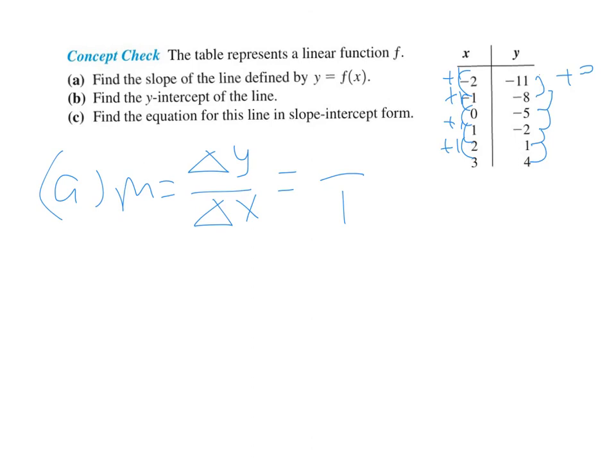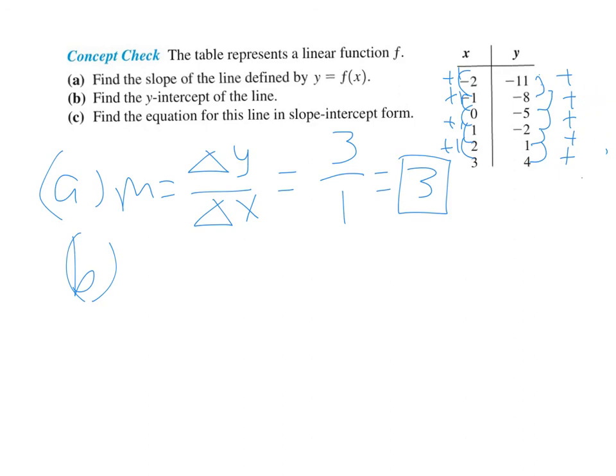From negative 11 to negative 8 is changing by positive 3. From negative 8 to negative 5 is positive 3. From negative 5 to negative 2 is positive 3. From negative 2 to positive 1 is positive 3. And from 1 to 4 is once again positive 3. So that means the change in y is positive 3. So that means our slope is 3. Now the y-intercept.